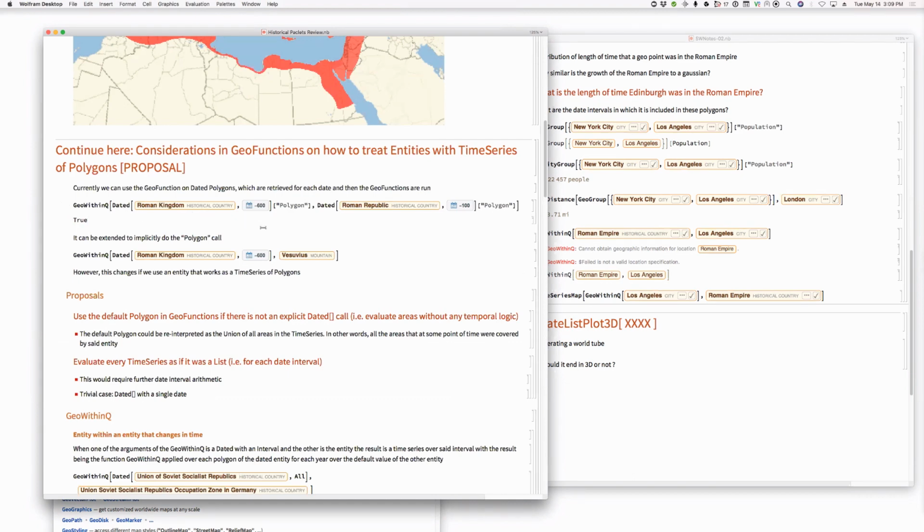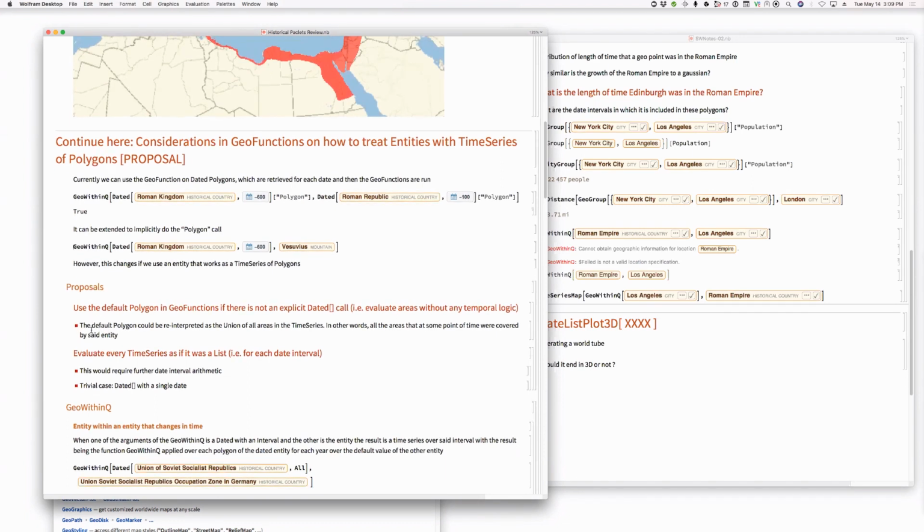Does this work right now? Oh, I see. It does with polygon. Yeah, with the polygon, of course, it works because it's a specific polygon. Right. Good. I agree. That's exactly how that should work. Yes, I think that's right.